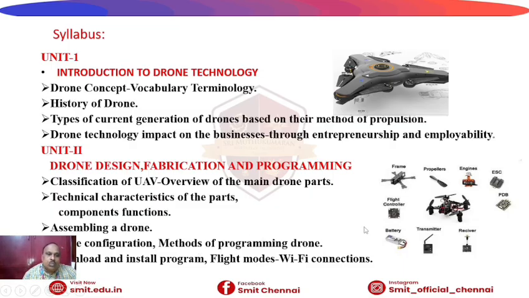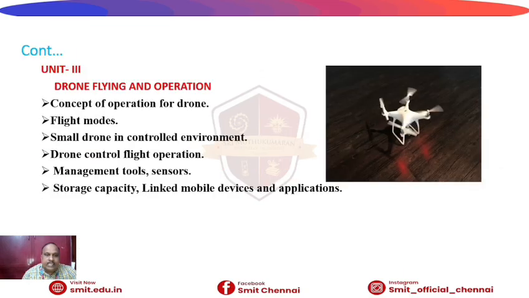So how to download and install program in the case of drone flight modes as well as the Wi-Fi connection, how we have to introduce or fabricate in that drone design.